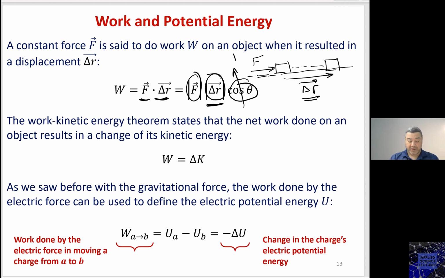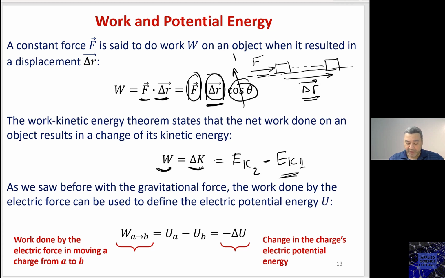Now, the work kinetic energy theorem states that the work that was done will cause a change in its kinetic energy, such that this work equals delta K, and this delta K is the kinetic energy of the final state minus the kinetic energy of the initial state.